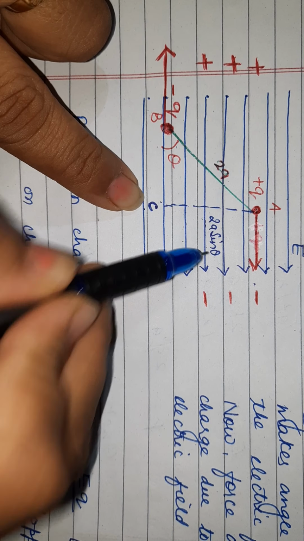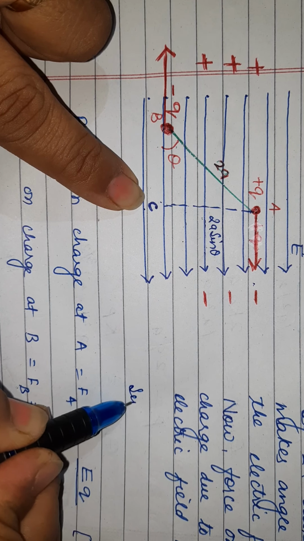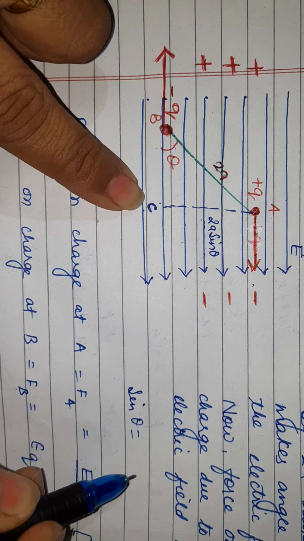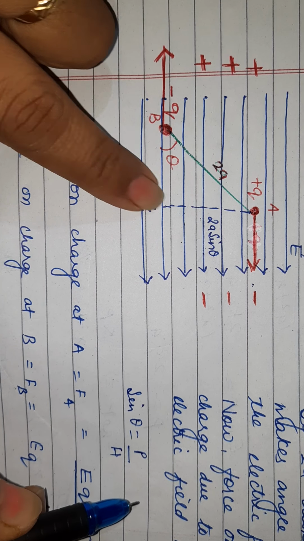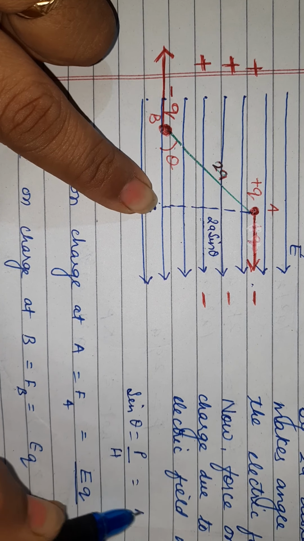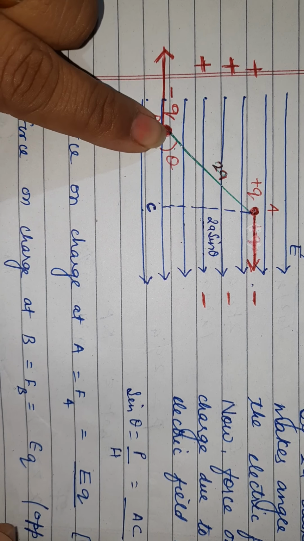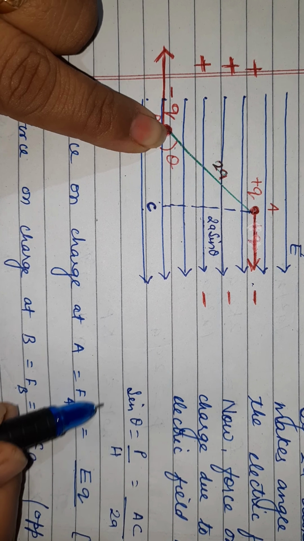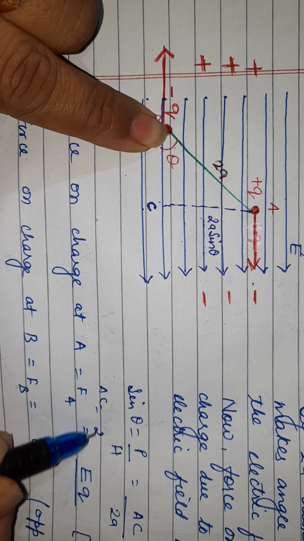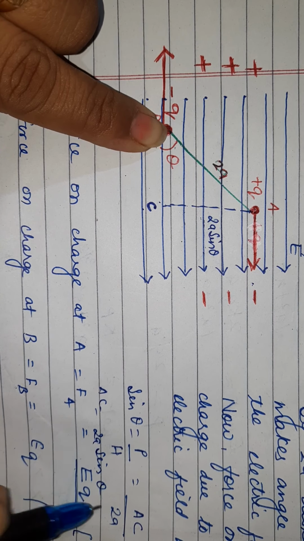It will be 2a sine theta. What is sine theta? Sine theta is perpendicular upon hypotenuse. Perpendicular is AC and hypotenuse is 2a. So AC will be equal to 2a sine theta.